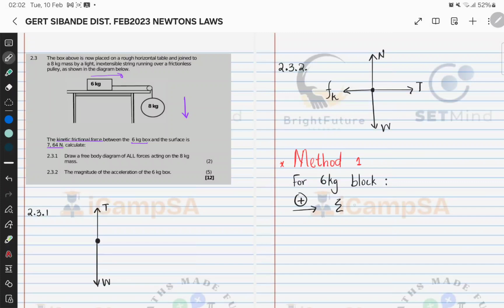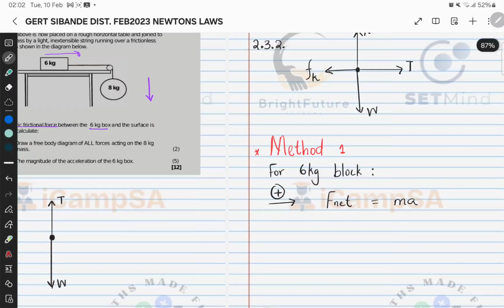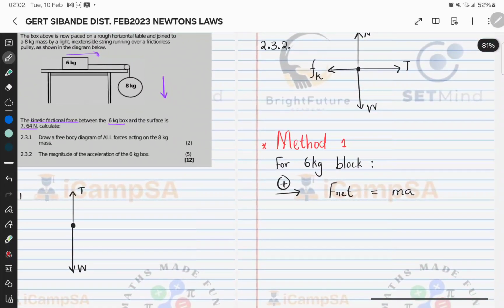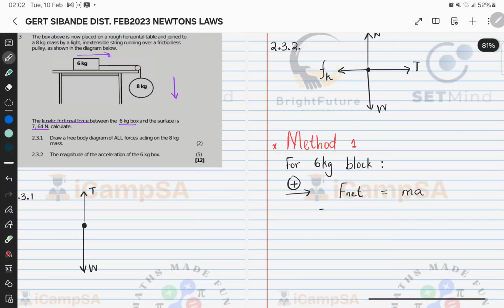Then I say, therefore, my Fnet is MA. Now tension will be positive, but the kinetic friction will be negative. Then I have my MA.